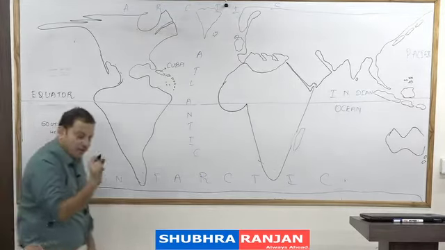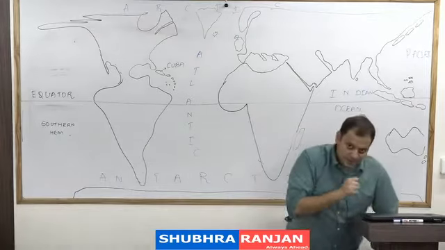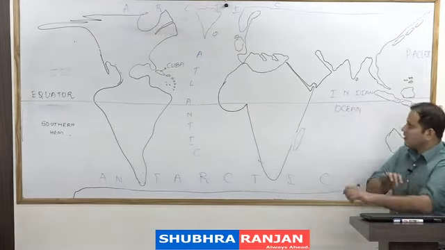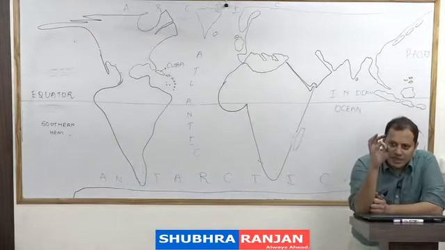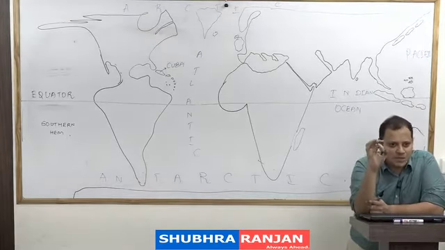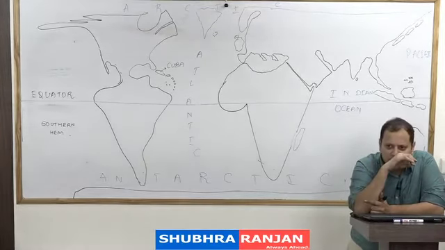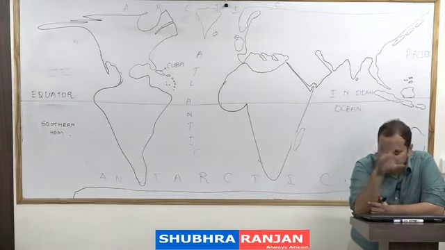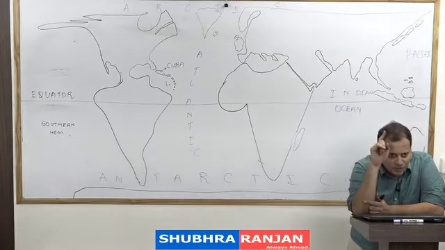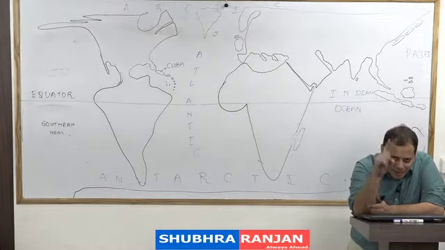Now the third conclusion I can make by looking at this is that only one ocean, the Indian Ocean, is the ocean which has been given the name of a country. बाकी किसी और ओशन का नाम नहीं है कंट्री से. Indian Ocean is the only ocean which has been given the name of a country.